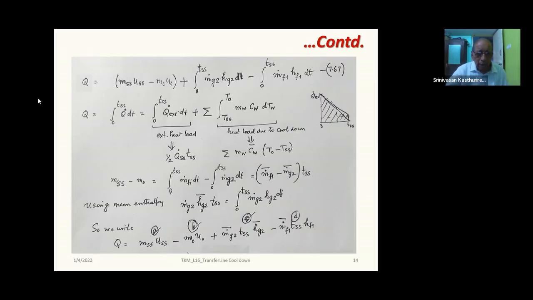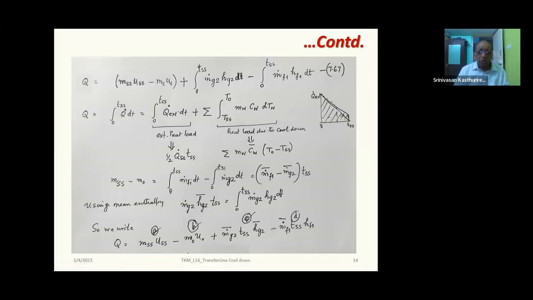We can simply take it as half of the heat transfer rate for external heat transfer at the steady state, which is the maximum value, multiplied by TSS. So this integral can be approximated as half Q dot SS into TSS.